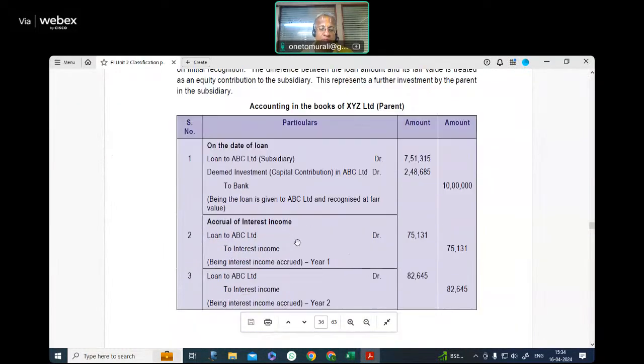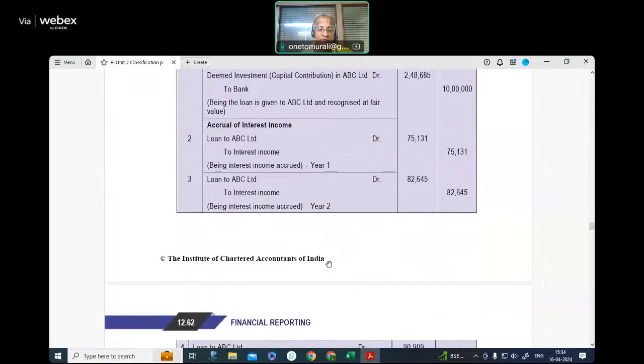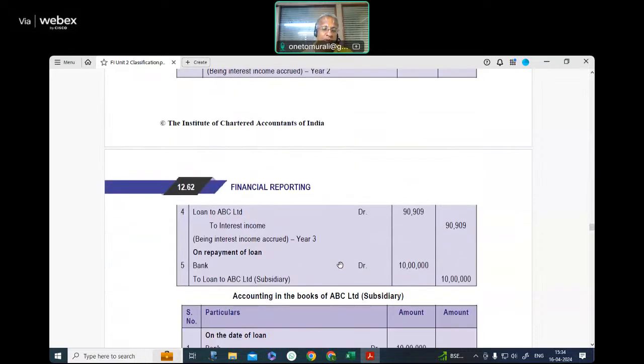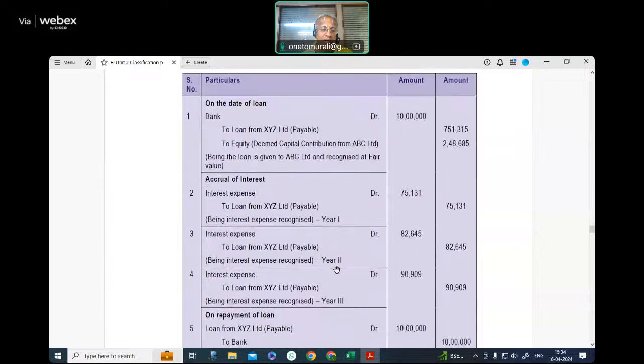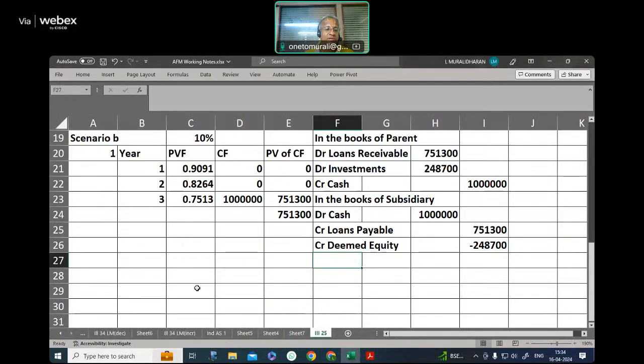Then accrued income for year number 1, year number 2, and year number 3, and the loan will be repaid. Let us take up the scheme in this fashion. Year number 1, 2, and 3: opening outstanding, interest, closing, because there is no cash flow.